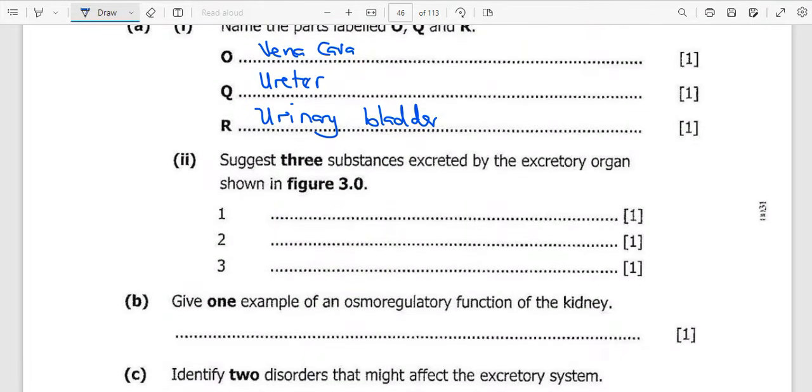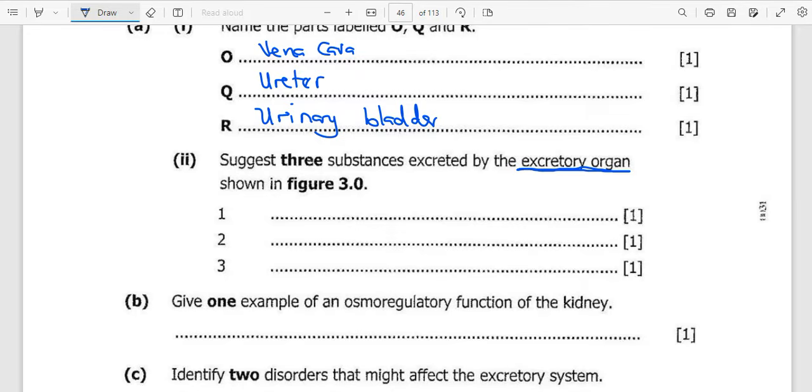Suggest 3 substances excreted by excretory organs shown in figure 3.0. So once we hear this, excretion is the removal of metabolic waste from the body of a living organism.